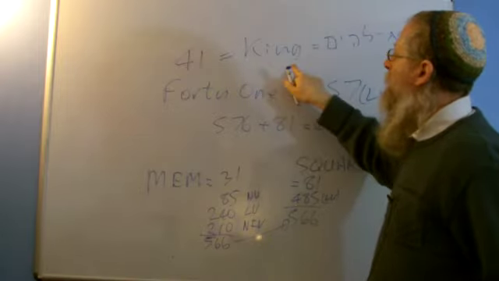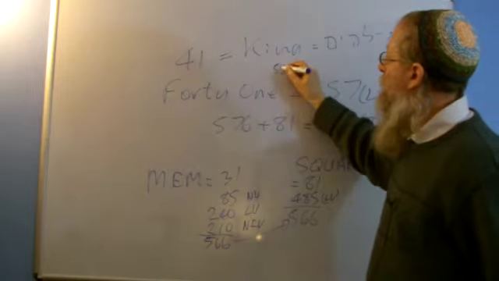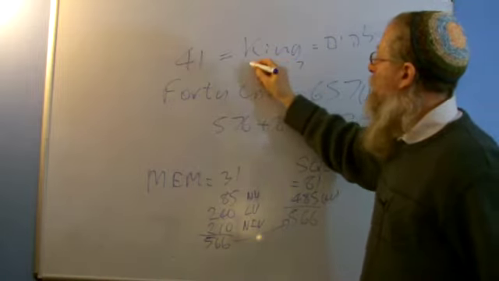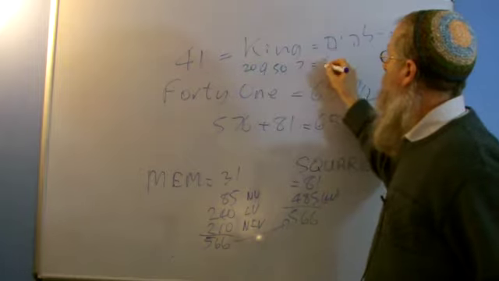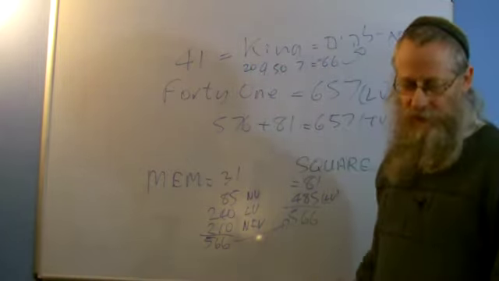Okay, if I take king and find out the normal value of king, well, that's 50, 7, 9 and 20, I get 86, which was the placement value of Elohim. Connection of God being king of the universe.